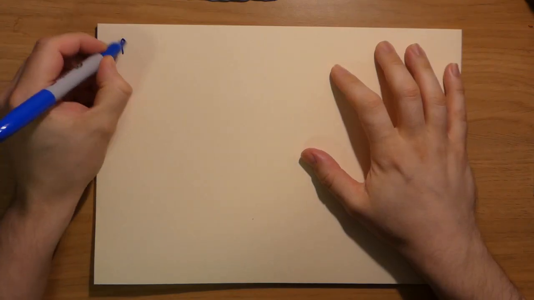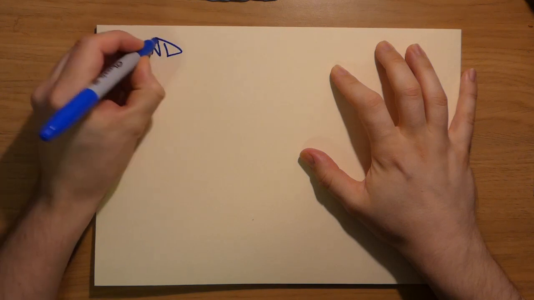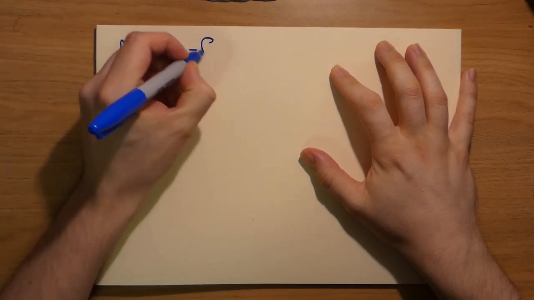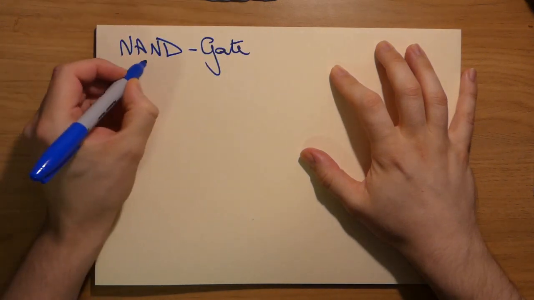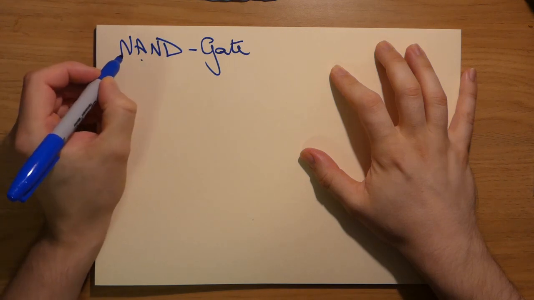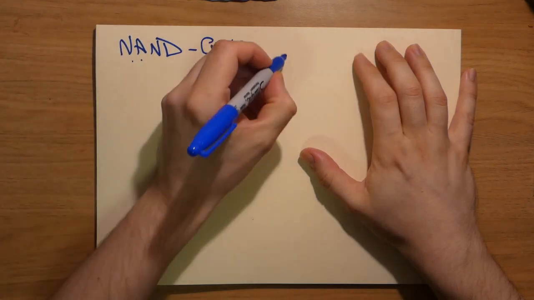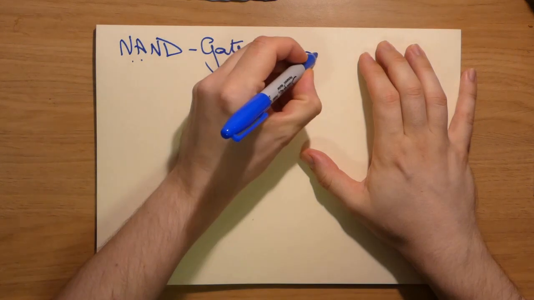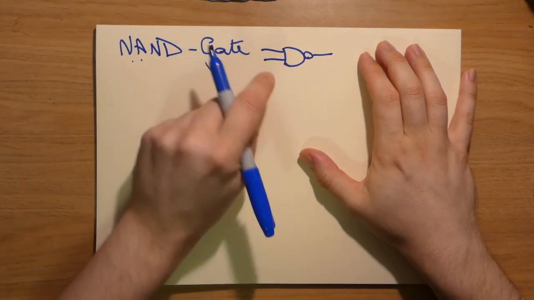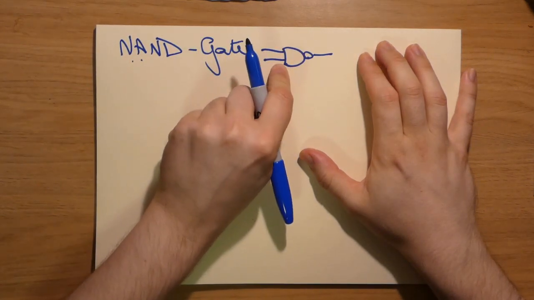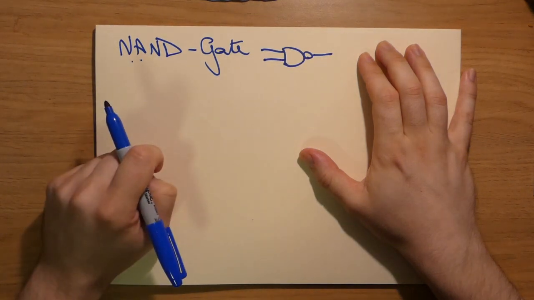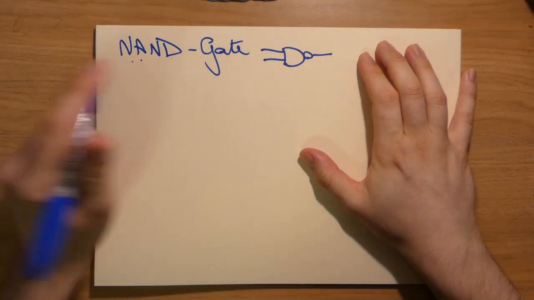Okay, so now NAND gates. NAND gates are basically an AND gate followed by a NOT gate. So the symbol would be like this, just like an AND gate with a ball that follows.